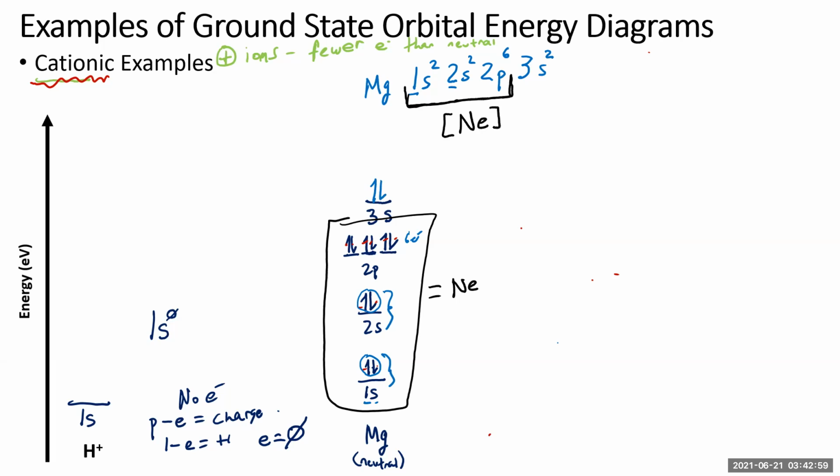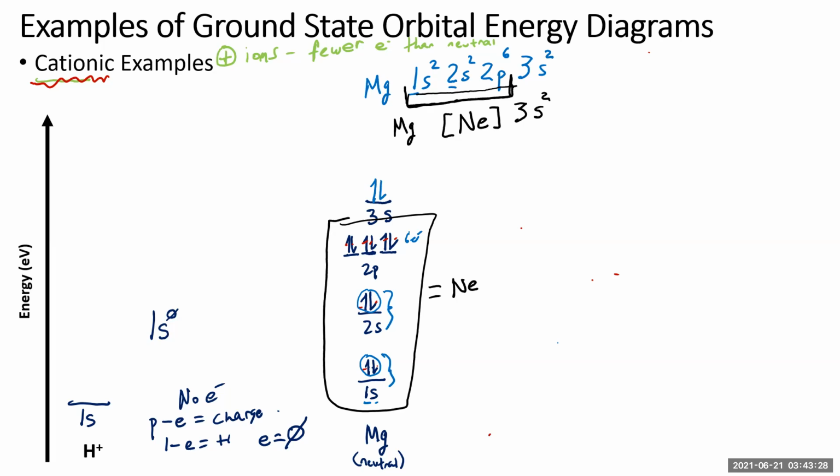That doesn't mean I'm finished. That only takes me through 2p6, and then I simply write out the rest of the electrons that are not covered by the neon. Neon only takes me up to 2p6. Neon is equivalent to 1s2, 2s2, 2p6. But because I have electrons beyond the 2p6 level, beyond neon, I do have to represent those. But this is a shorthand way. It saves me the trouble of writing all this stuff out.